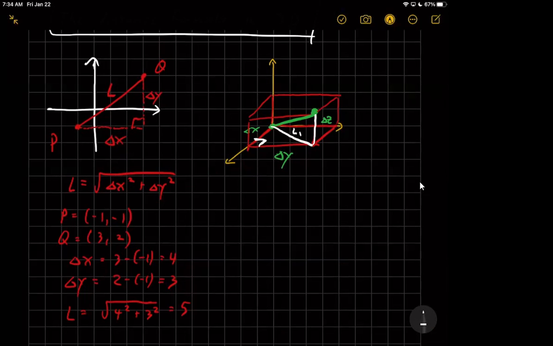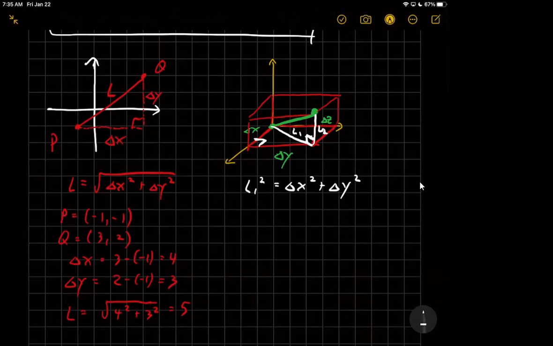Then we have another right triangle here. I should probably draw the corner sort of like that. Whoops, this will be L2. Where the legs of that right triangle are L1 and L2. So the first right triangle would have this relationship: L1 squared is equal to the leg delta x squared plus the leg delta y squared.